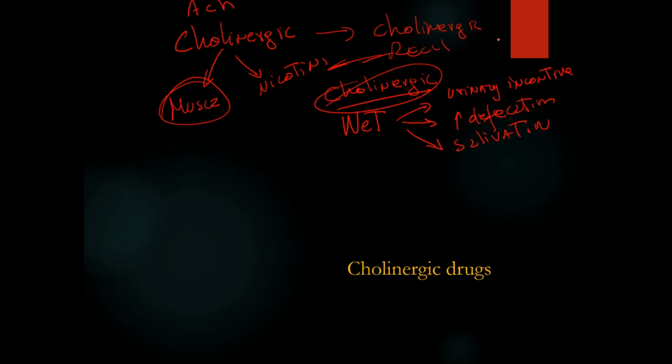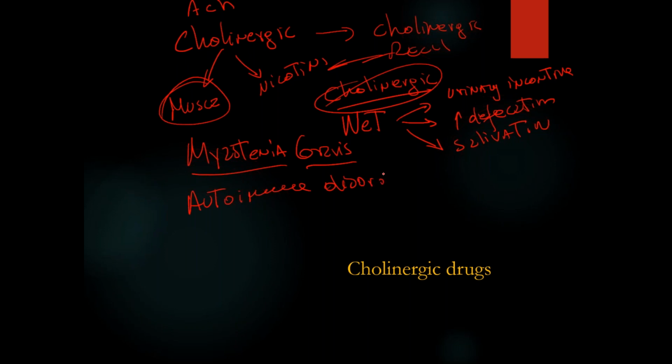Cholinergic agents are going to be used, for example, in myasthenia gravis. What is myasthenia gravis? It's a weakness disease. A neuromuscular disease.